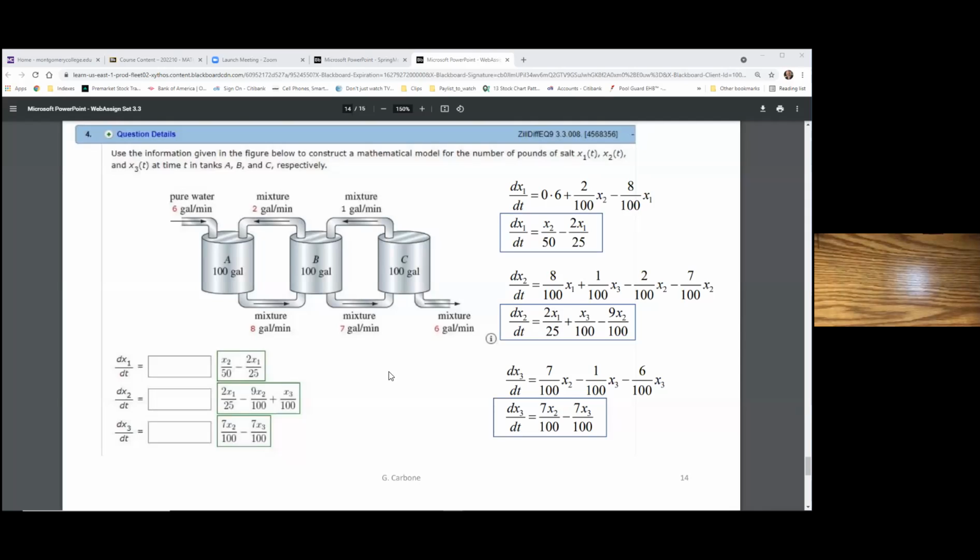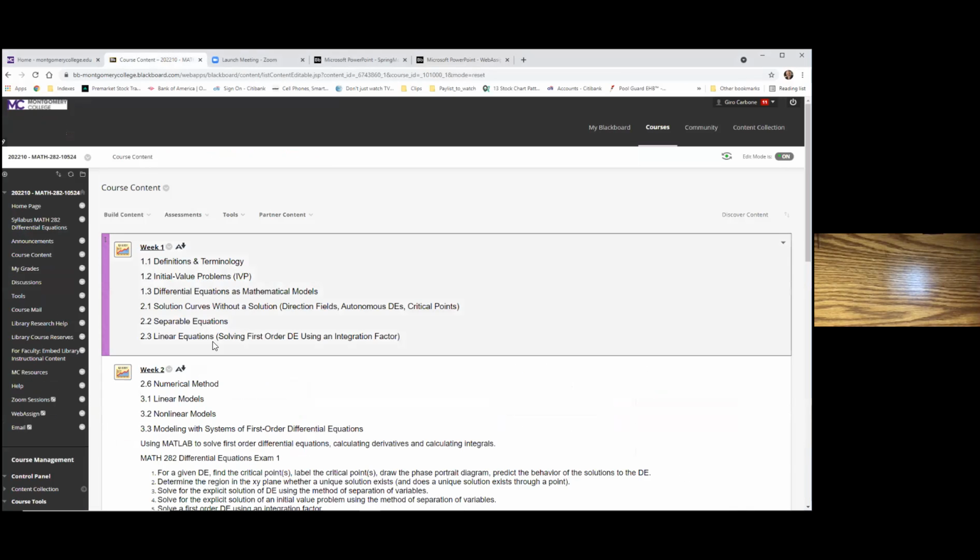What section is it? I was trying to look at it and I didn't see it. Is it in 4.1 or 5? No, it's in week 1. Oh, week 1. No, I'm sorry, week 2. 3.3, week 2, 3.3. Okay.